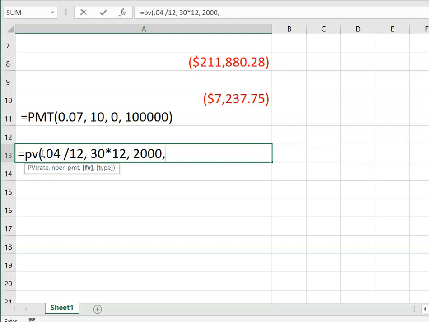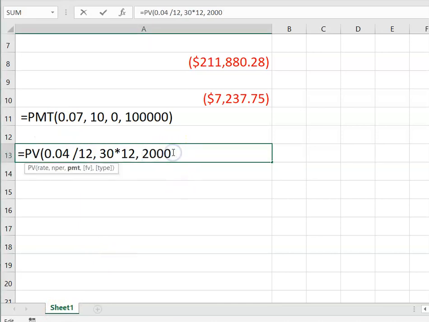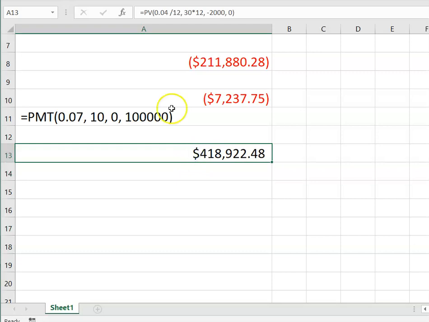And the future value of this is I'm not going to have to pay anything in the future. So let's put in 0. But remember, I'm talking about payments here. So I'm going to put a negative here because I'm paying that money out. So I can afford a $400,000 mortgage.